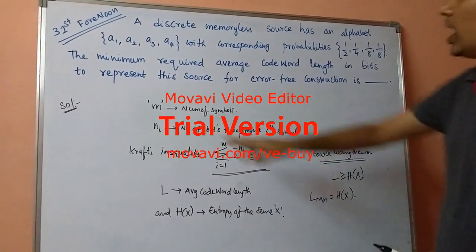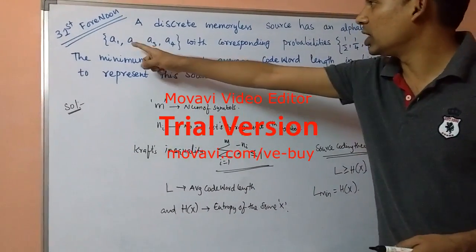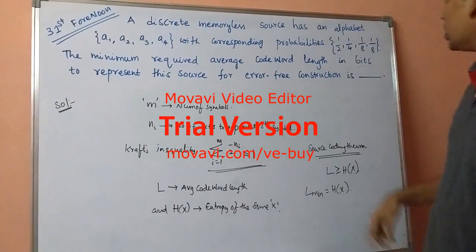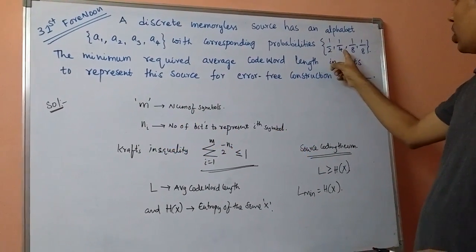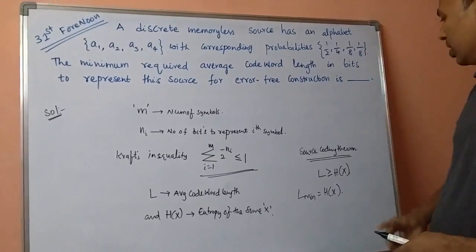Here the source has 4 symbols A1, A2, A3, A4, and the corresponding probabilities are 1 by 2, 1 by 4, 1 by 8, 1 by 8.